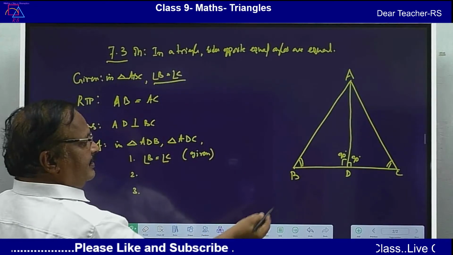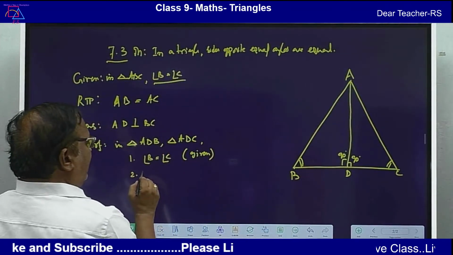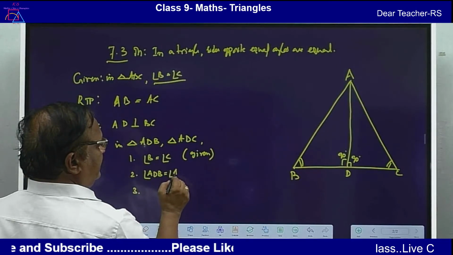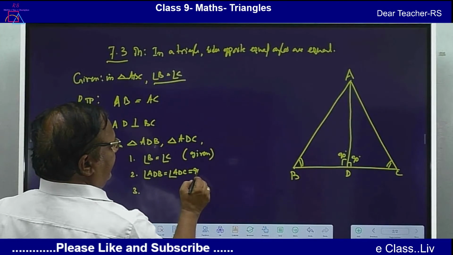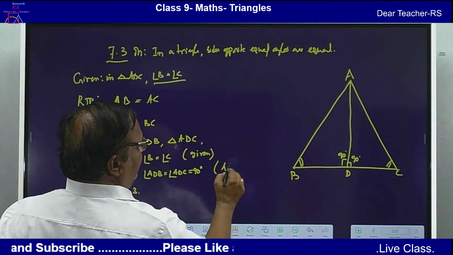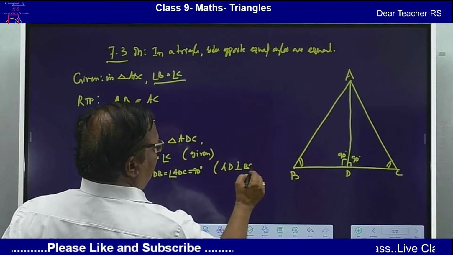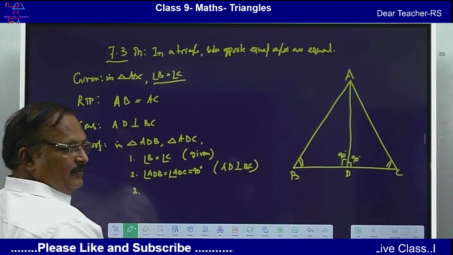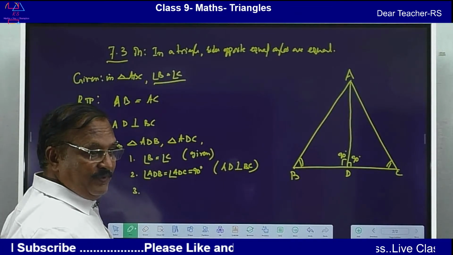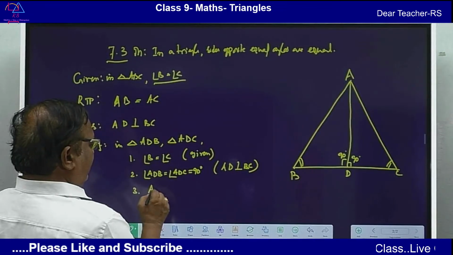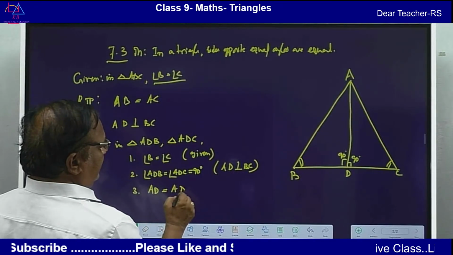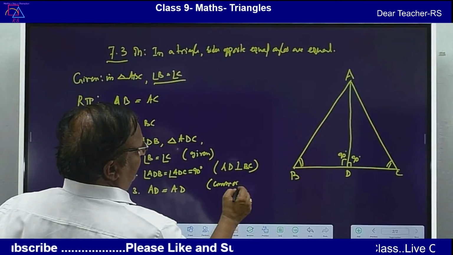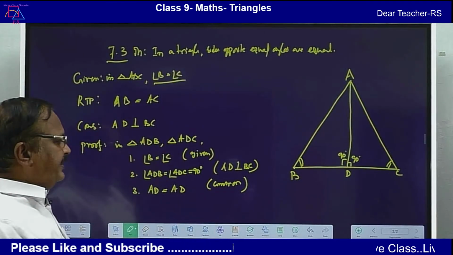And 90 degrees: angle ADB is equal to angle ADC is equal to 90 degrees, because AD is perpendicular to BC. And which side is equal? AD is common. AD is equal to AD, and some books will write AD is equal to DA. It's okay, AD and DA are both the same.